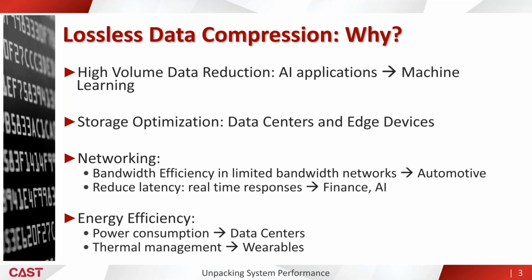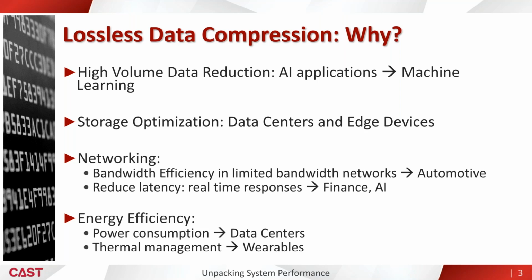And specifically for machine learning, we have the need for precision and accuracy, where absolutely what you need is lossless data compression, because you cannot afford to have any errors in your training.